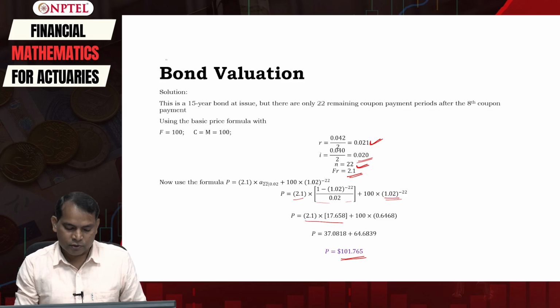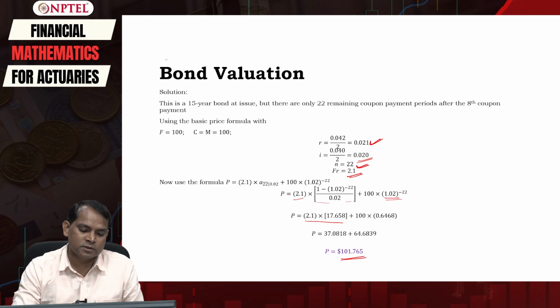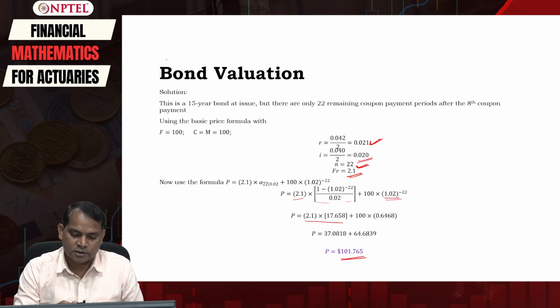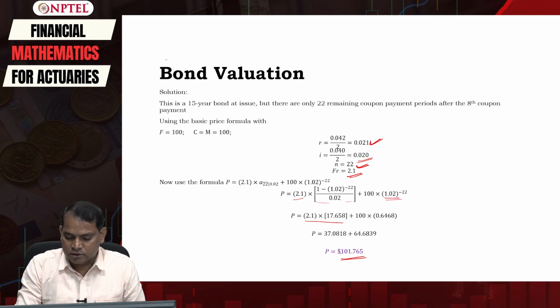What we have noticed here is that in the earlier case the price was actually less than the face value, but in this case the price is a little bit higher than the face value, that is 100 rupees. So this is a premium bond and the earlier one is the discount bond.